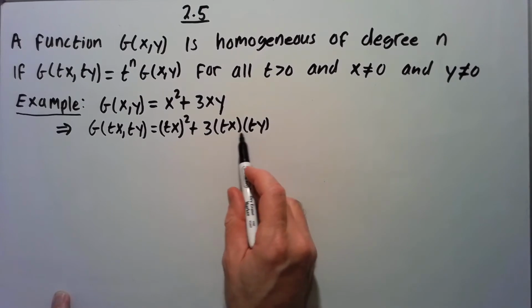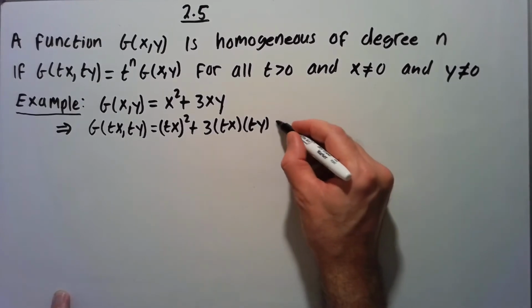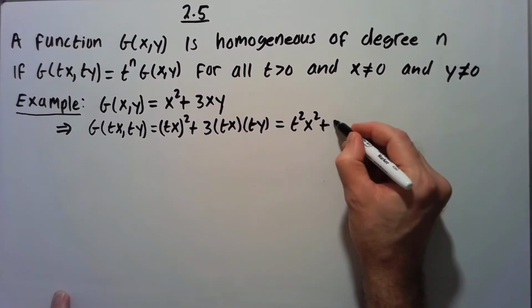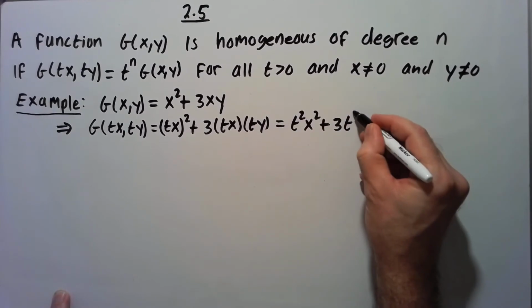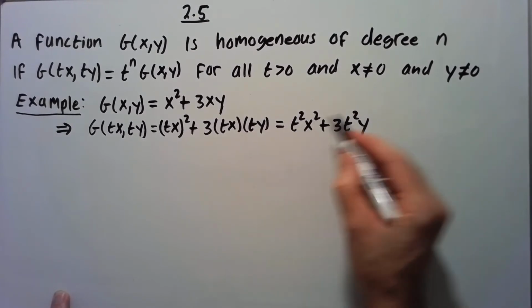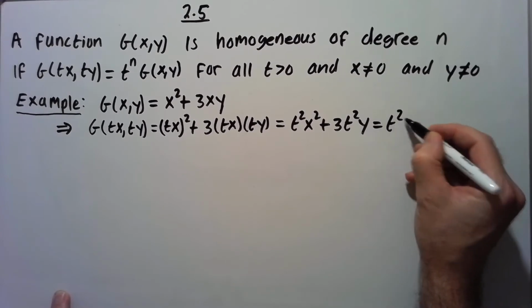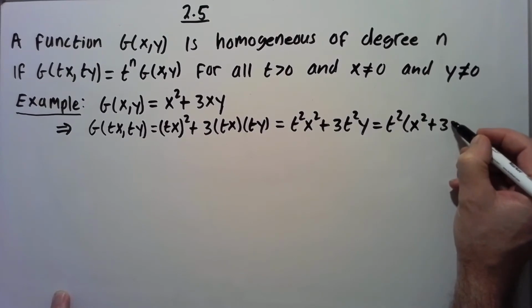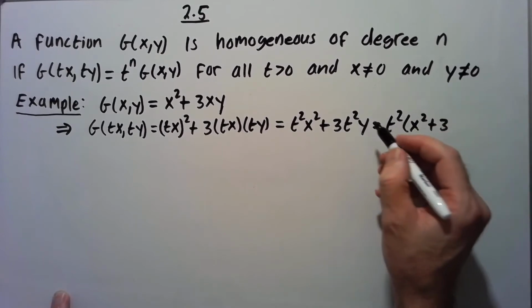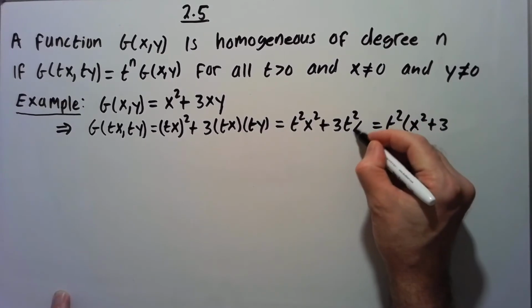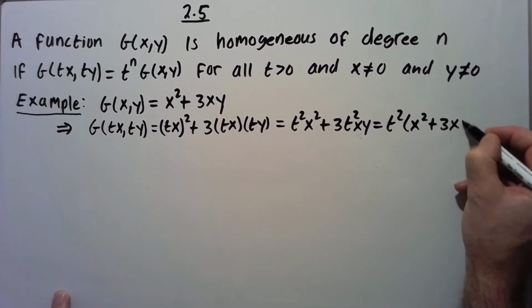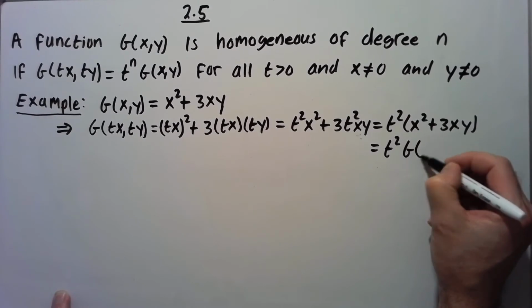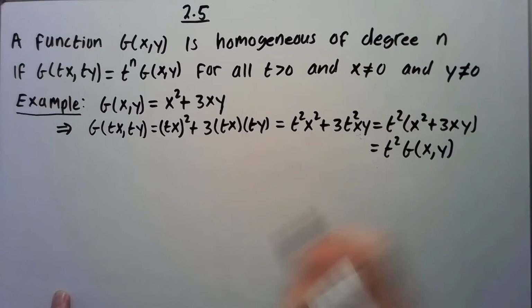So I get this, and notice if I simplify this, I'll have t squared x squared plus 3 t squared xy. I can factor out the t squared, and I'll have t squared times x squared plus 3xy, and that equals t squared times g(x, y).